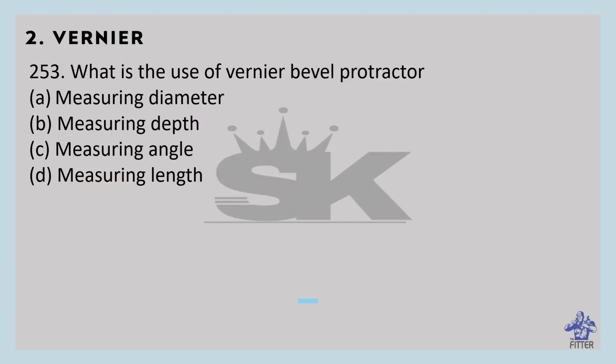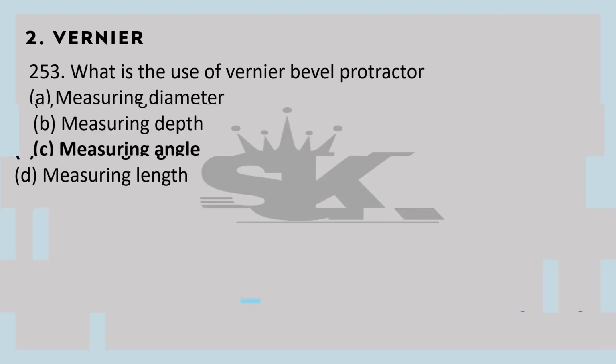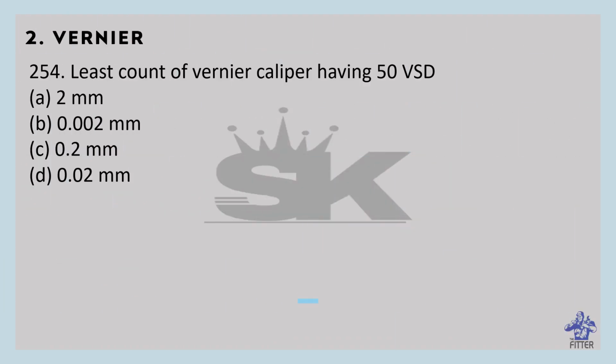What is the use of vernier bevel protractor? It is used to measure angles. Okay. Least count of vernier caliper having 50 VSTs. So here 1 VST equals 49 upon 50. So least count equals 1 MST minus 1 VST, right?